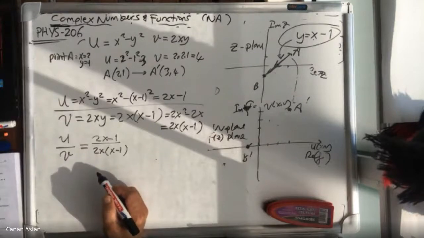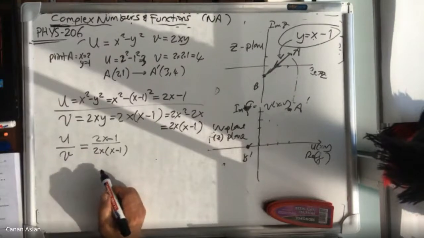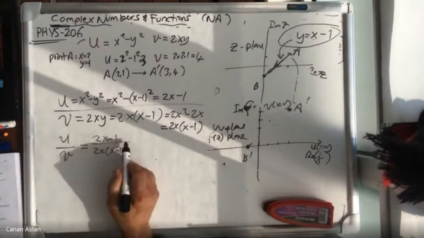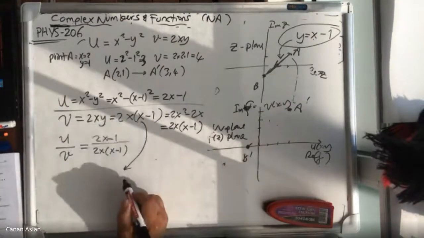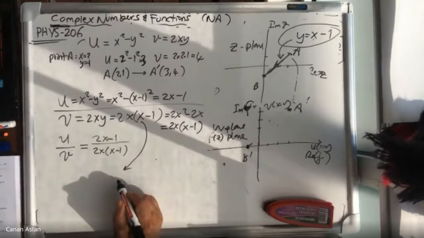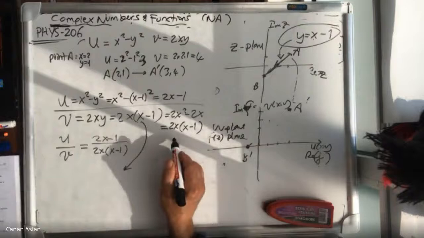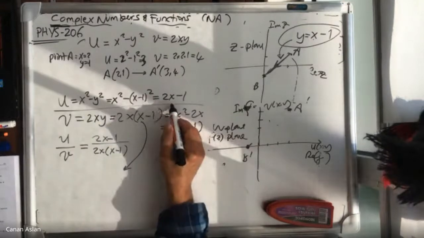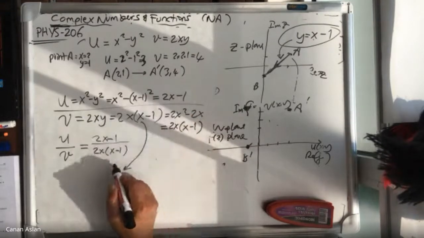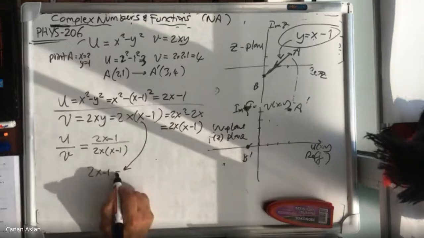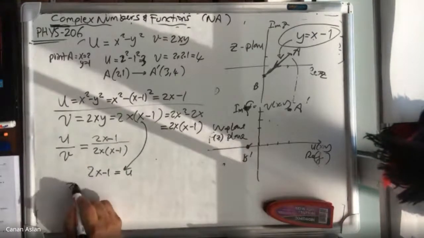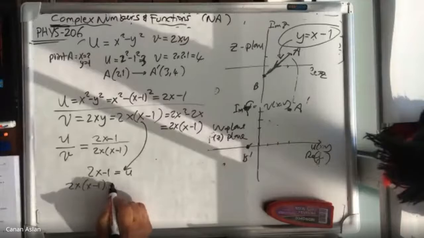Now let's try to solve this system for u and v. In other words, 2x minus 1 will be equal to u, and 2x times (x minus 1) will be equal to v.